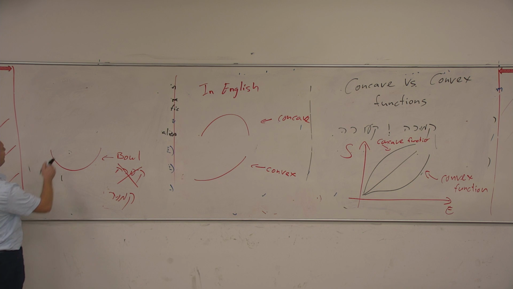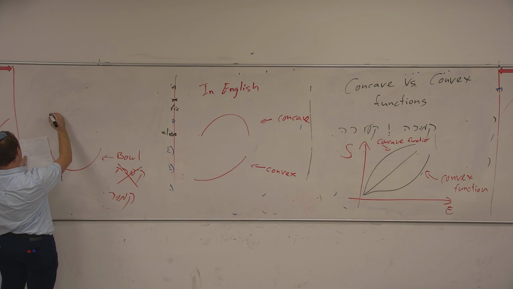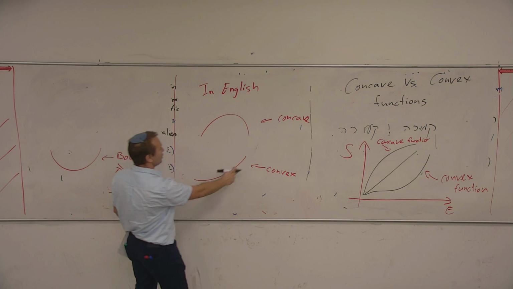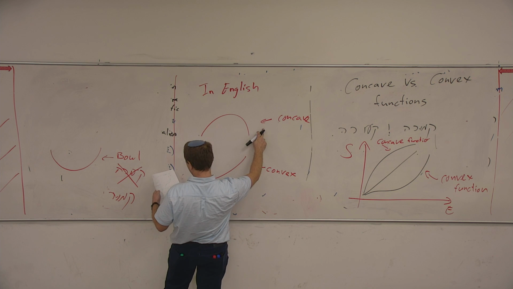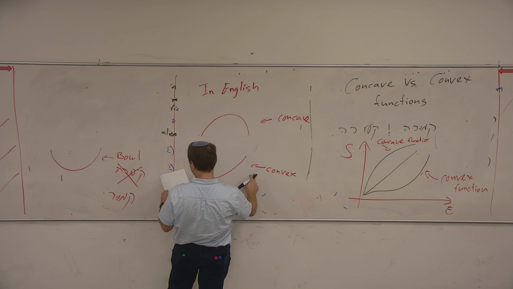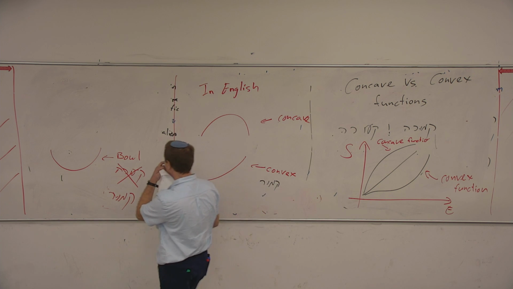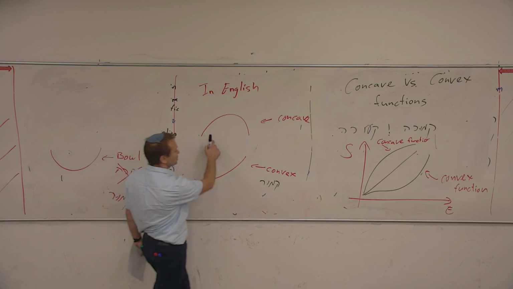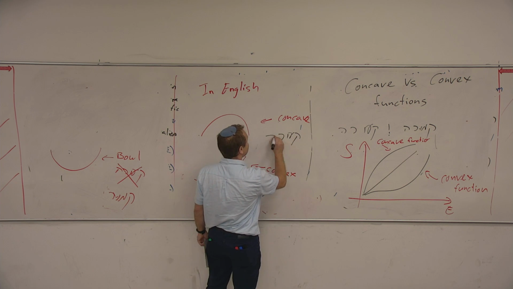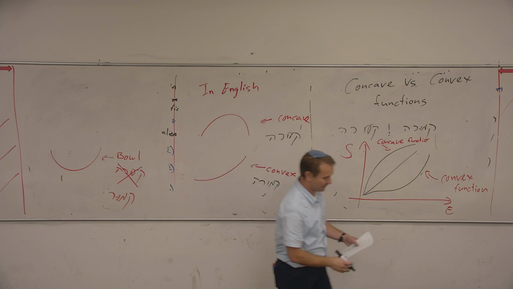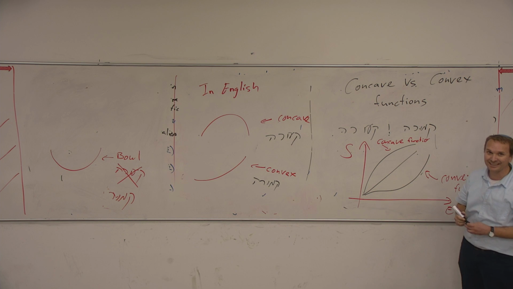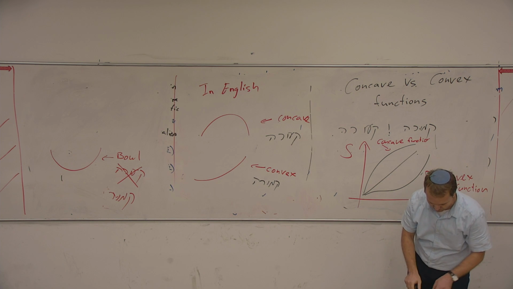A convex function is kamu, and a concave function is ka'u. This is how they are defined in Hebrew.